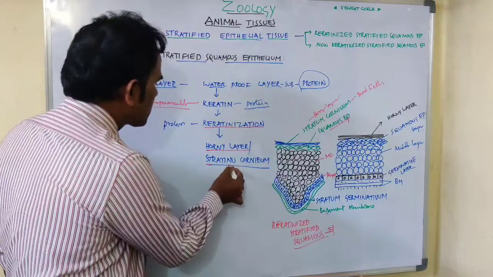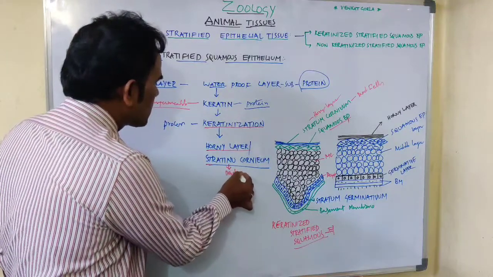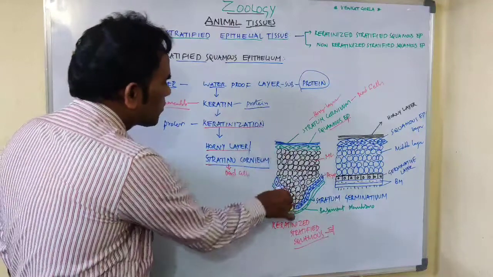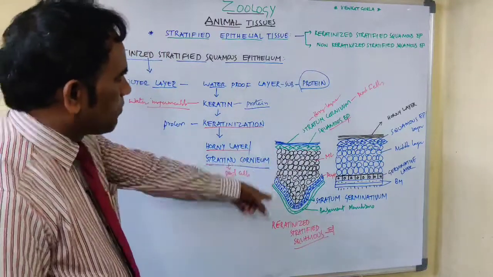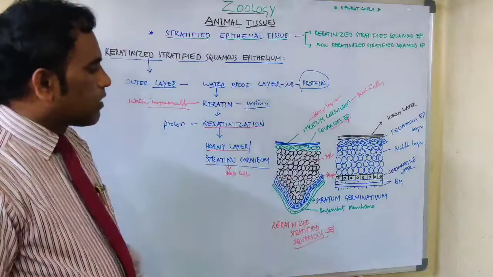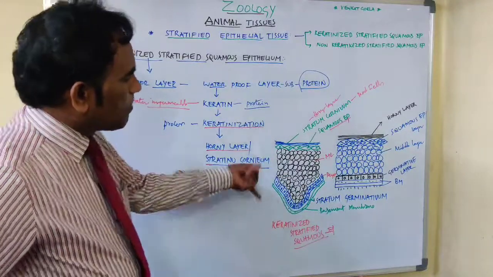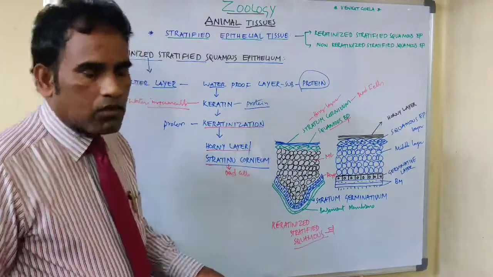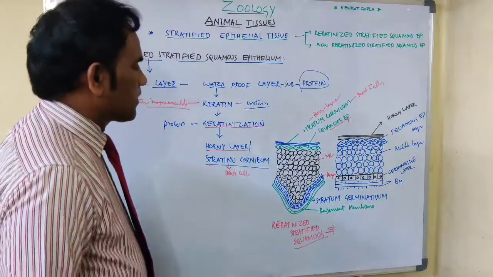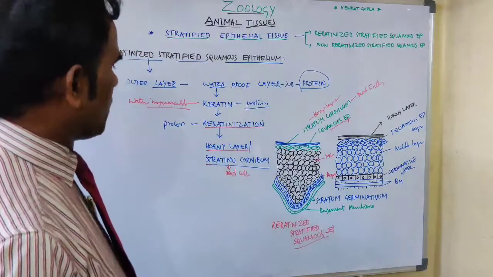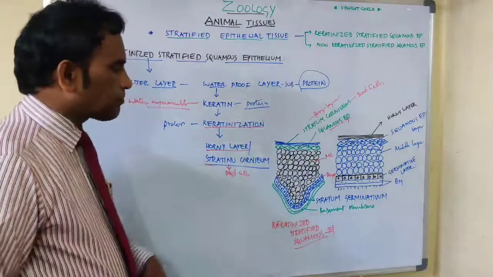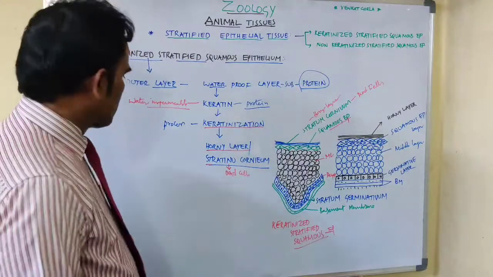These are dead cells. Below these, the middle layers are living cells, and the deepest is a germinating layer, formed mostly by cuboidal cells and in certain cases columnar epithelium, which lies upon the basement membrane.